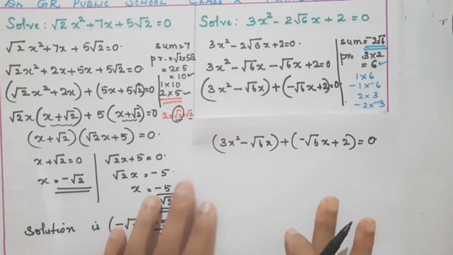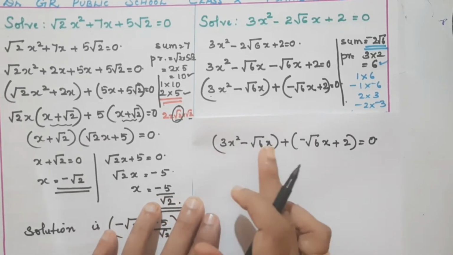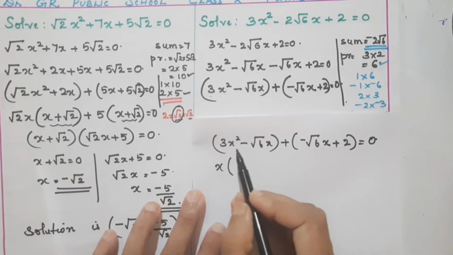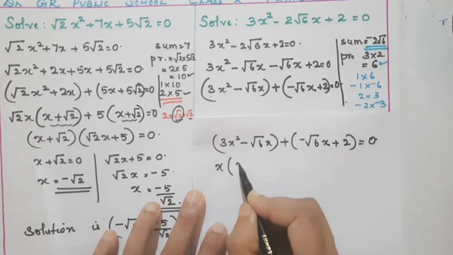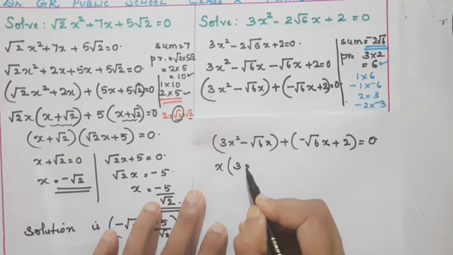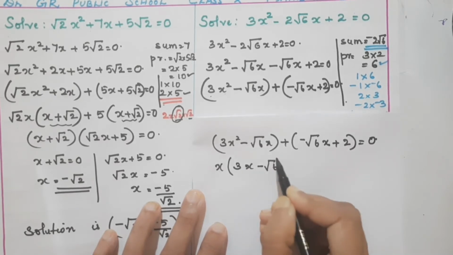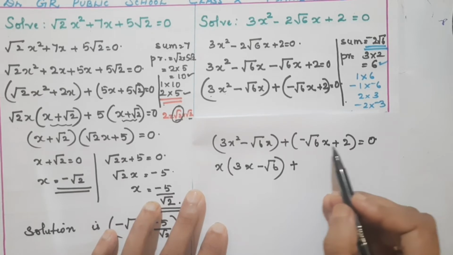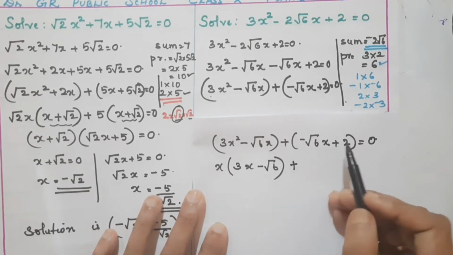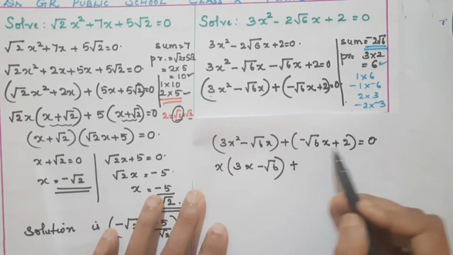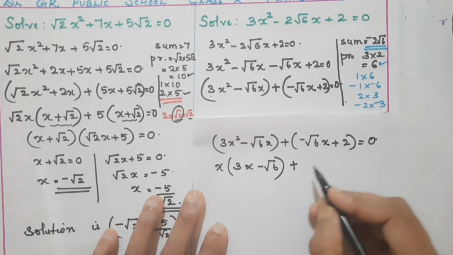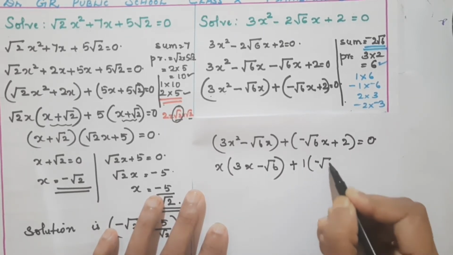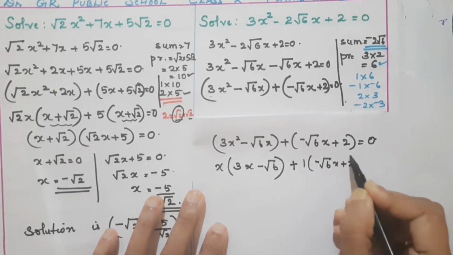This is our equation. If we are taking only x as common factor, what is remaining? 3x minus root 6 plus, here also sometimes you may think that no common factors, only one we can take, so minus root 6x plus 2, isn't it?